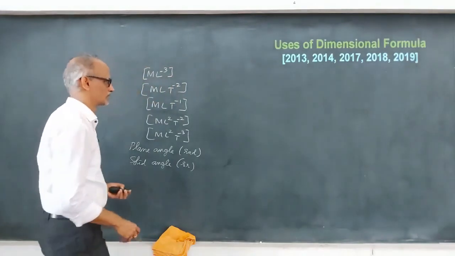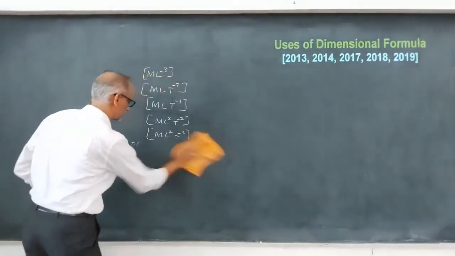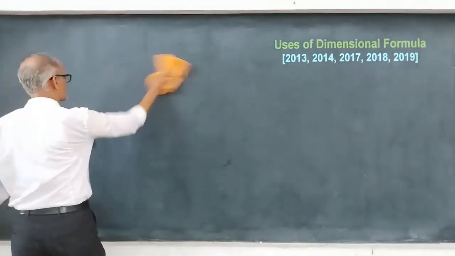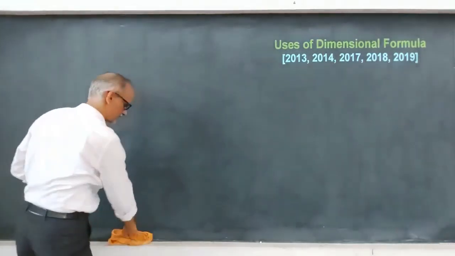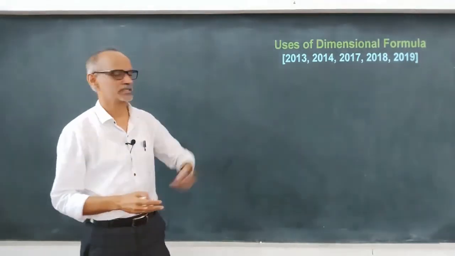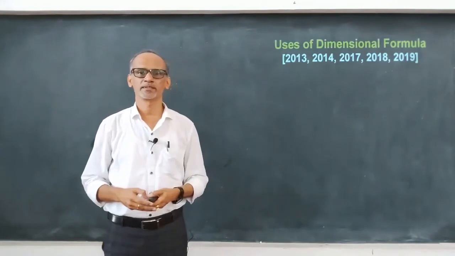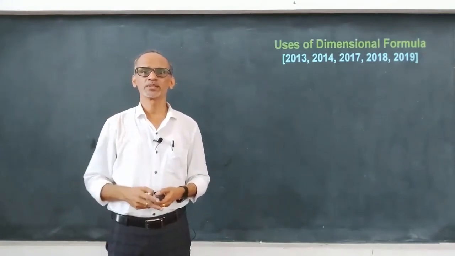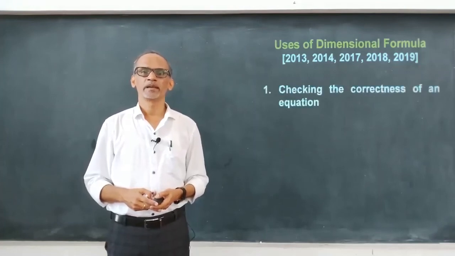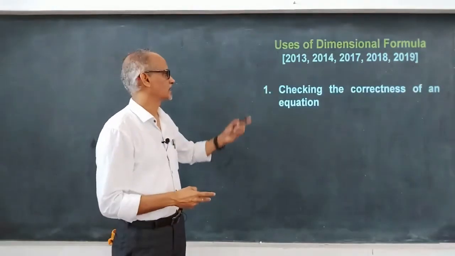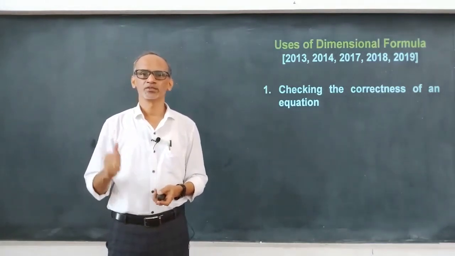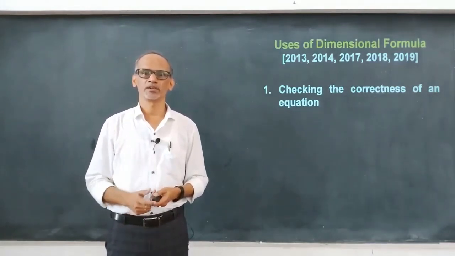There is one more question which has been repeatedly asked in the examination: what are the uses, or the advantages, of the dimensional formula? It has appeared 5 times in the exam. There are two uses. Advantage number 1: the dimensional formula is used to check the correctness of an equation.